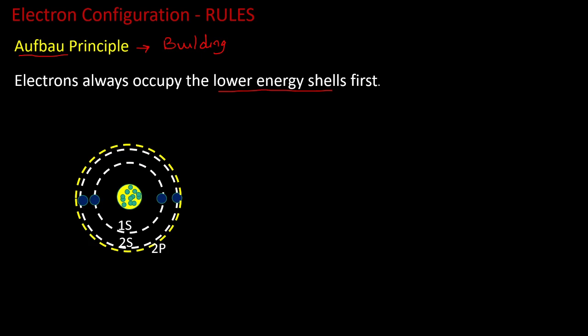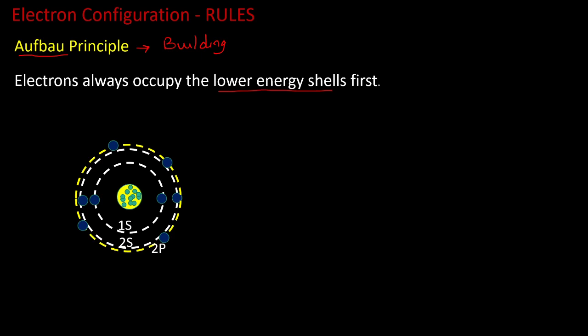In fact, that is the reason why, if an electron has to choose between 2s and 2p, it is always the 2s that gets filled first and then the 2p. And 2p can occupy how many electrons? 6 electrons: 2px, 2py and 2pz.